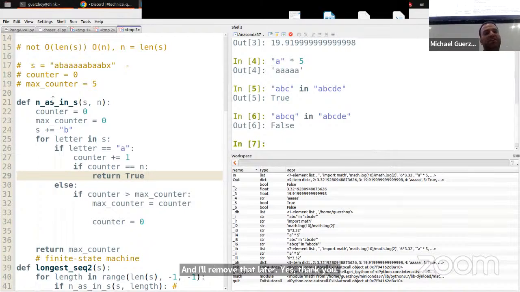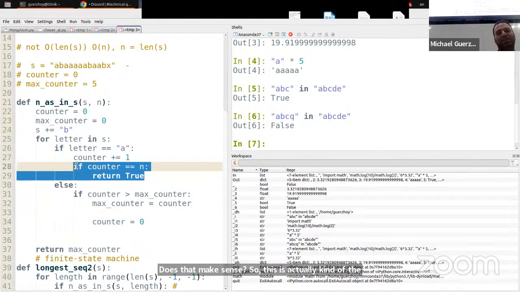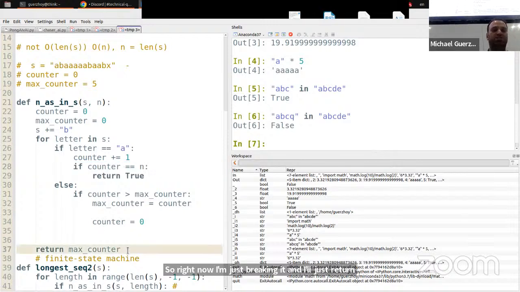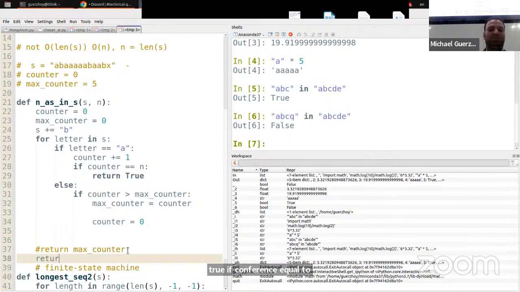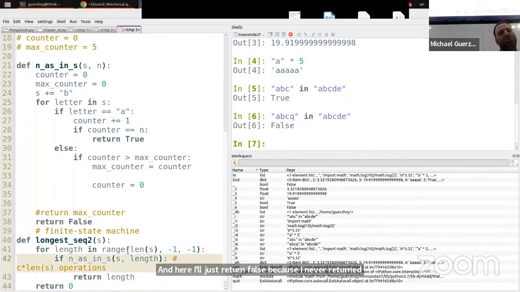So this is actually kind of a better function than it used to be. So right now I'm just breaking it, and I'll just return true if counter is equal to N at any point. And here I'll just return false because I never returned true. Thank you. So, okay. So the analysis though still holds because I might never return true.